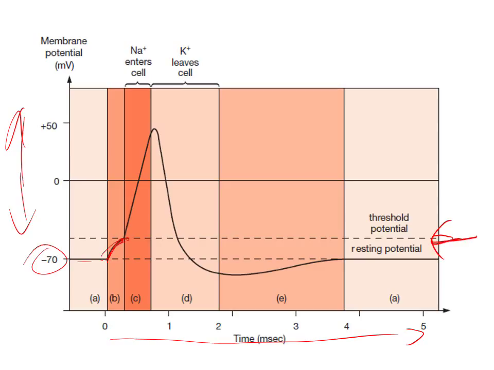So as soon as it hits there, then the sodium is going to start entering the cell. The potassium then leaves the cell to balance it out again. So we start to get slightly more positive. The sodium then floods in once it hits a certain point, and then the sodium leaves that cell, so making it more negative. And then this is where that sodium-potassium pump really comes into play, because it's going to take it back to this resting potential that we had before.